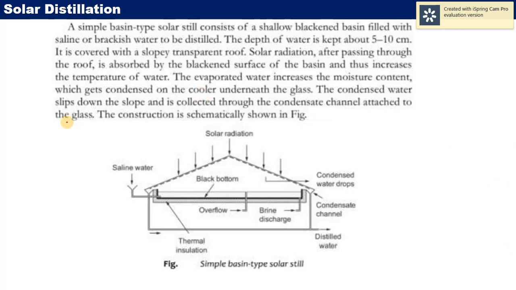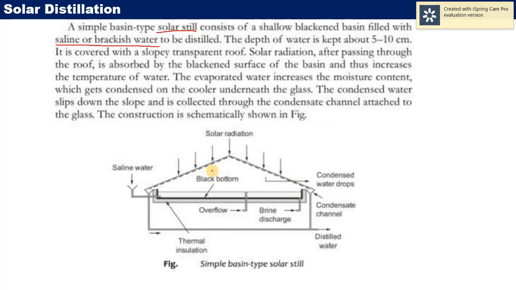The last point from this unit is solar distillation. Solar distillation, also called a solar still, is used to get pure water from saline or brackish water. The working principle is simple.